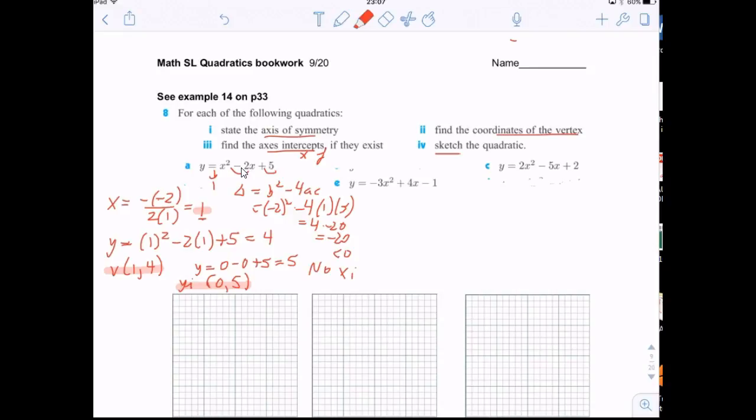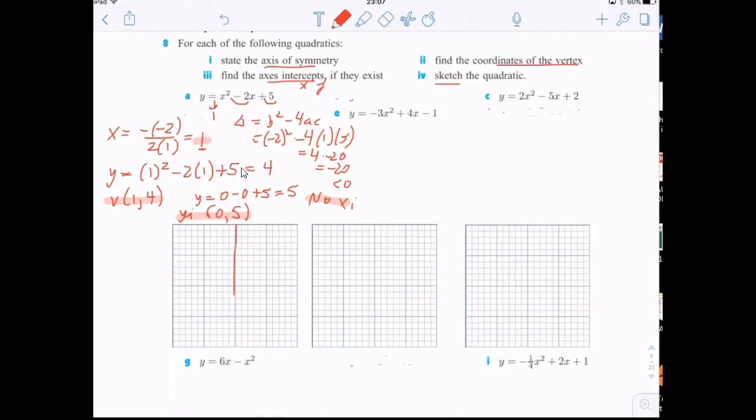Okay. So if there's no x-intercept, that kind of makes finding the factors irrelevant. Okay, so let's try to graph this now in this little square here.